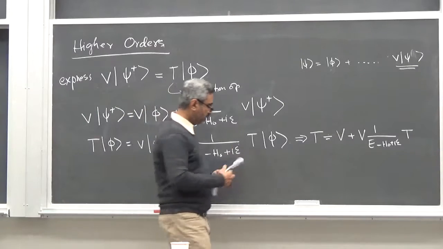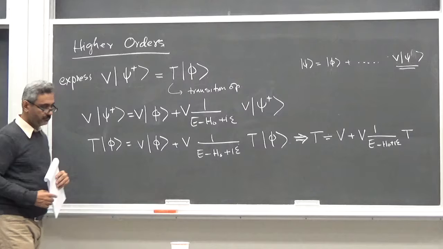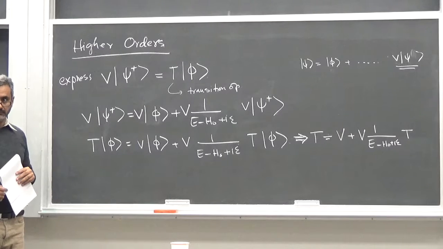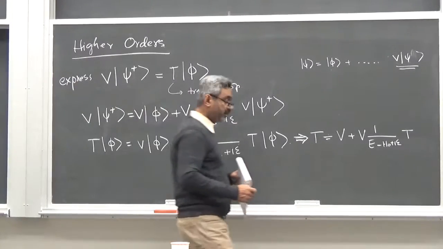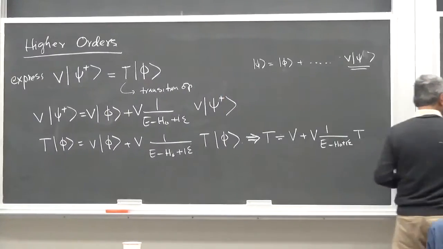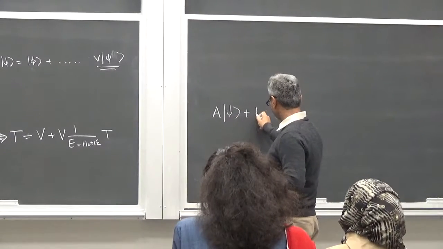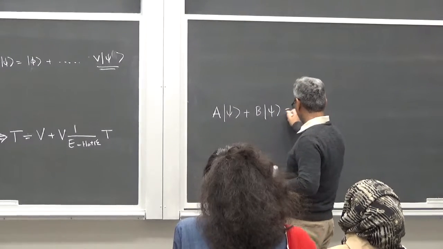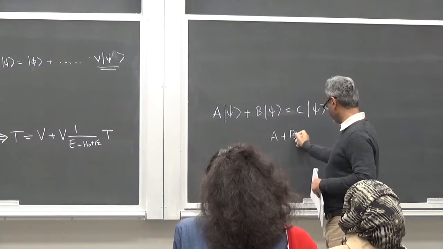Okay, so does this follow? Does it always follow? For example, if you have an operator acting on psi plus another operator acting on psi, and it is like this, does it mean that operator A plus B is C?